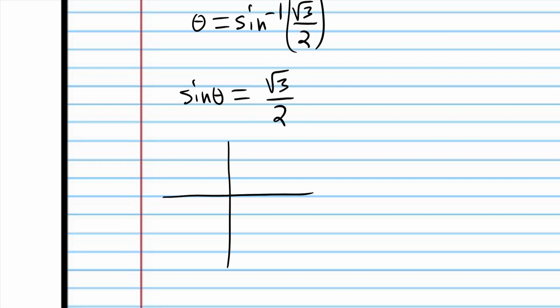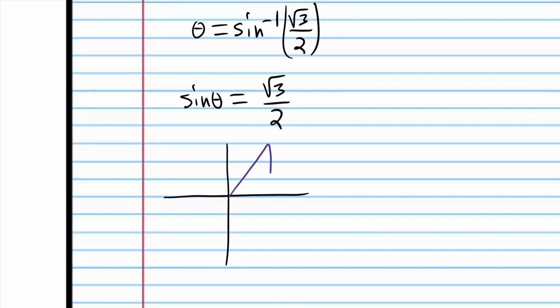Obviously we're talking about a 30, 60, 90 degree triangle, and if sine is positive, then the triangles are going to be in the first and second quadrants. And sine is opposite over hypotenuse, so the hypotenuse is going to be 2x, and the opposite side is going to be x√3. You don't have to draw all of this.